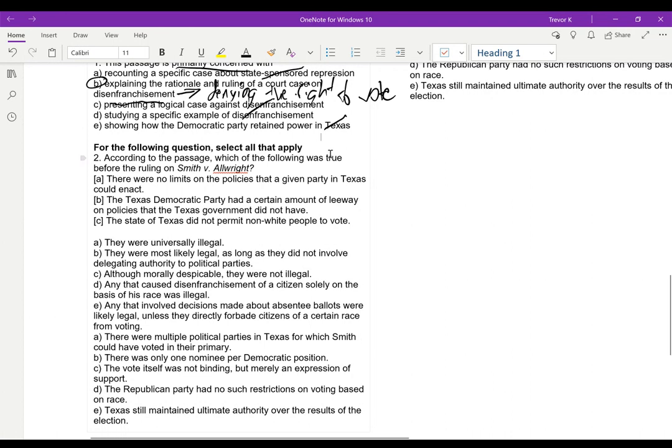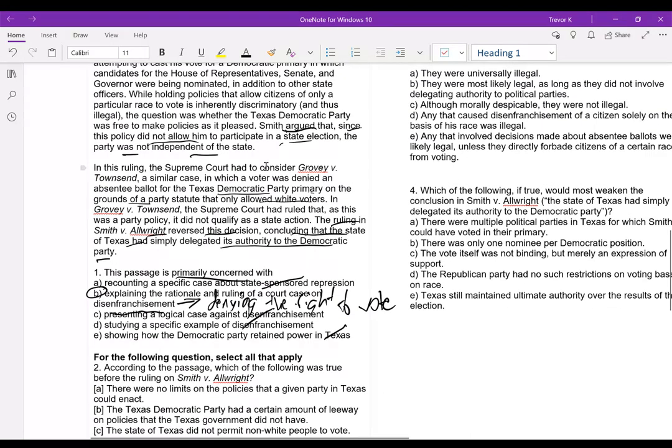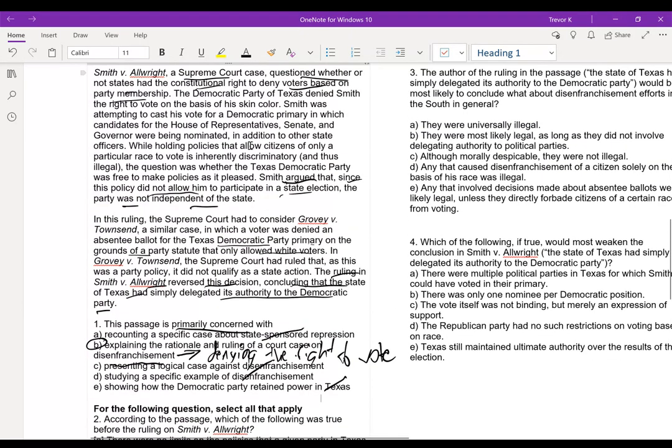So this is one where we don't know enough, so we have to go back. So what was true before the ruling on Smith versus Allwright? So we know from here, before Smith versus Allwright, this is what the case was about. So let's read this. Democratic Party of Texas denied Smith the right to vote on the basis of his skin color.